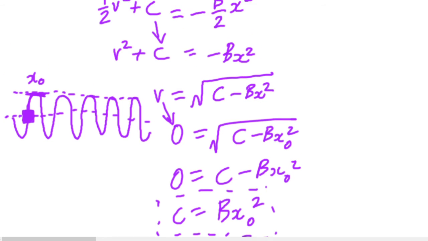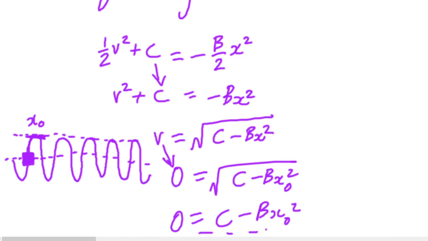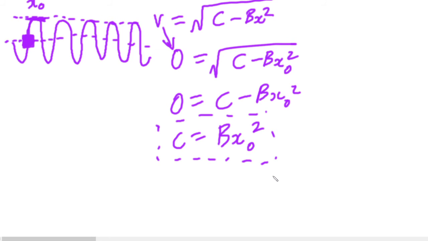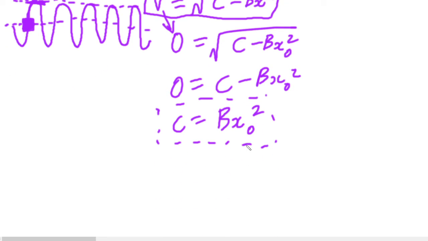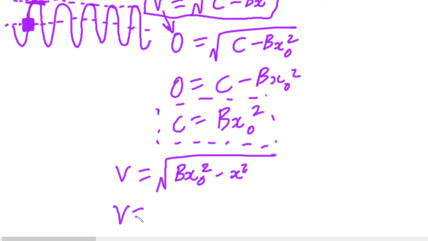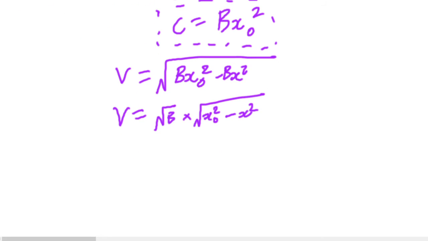And that leads us to one of the formulas that I said we'd find in the beginning, v in terms of x, because this v is equal to the square root of c minus bx squared now has a complete meaning for us, that v is equal to the square root of b times x0 squared minus x squared. v is equal to root b times the square root of x0 squared, the amplitude squared, minus x squared, the displacement squared, right?